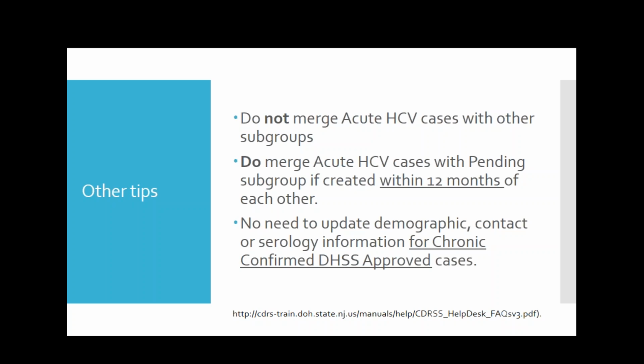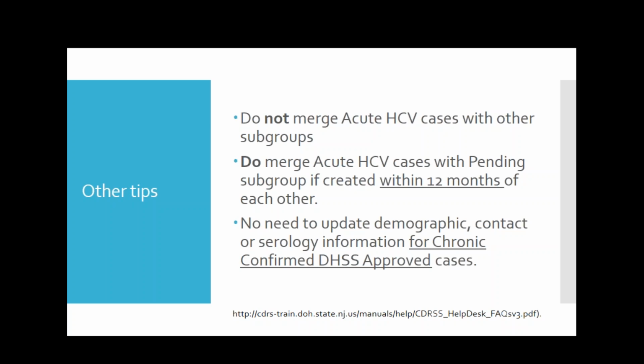Likewise, on the other hand, please do merge a pending subgroup if the cases were created within 12 months of each other. For further information on merging cases, please reference the CDRSS frequently asked questions PDF link, which is provided on this slide and as well in the guidance document on page 4.